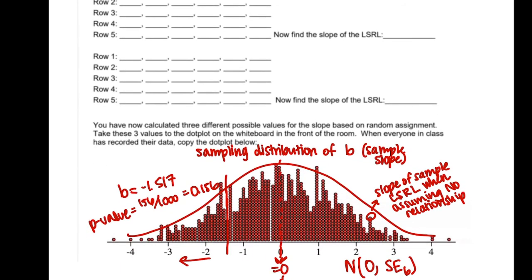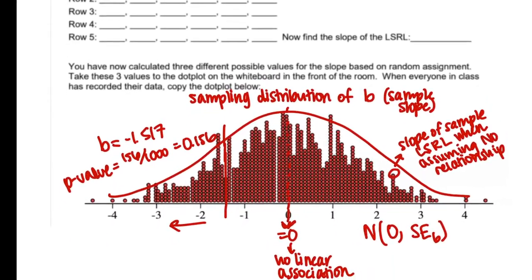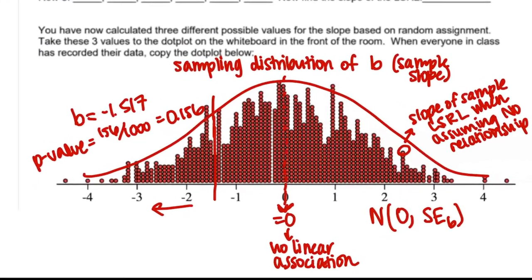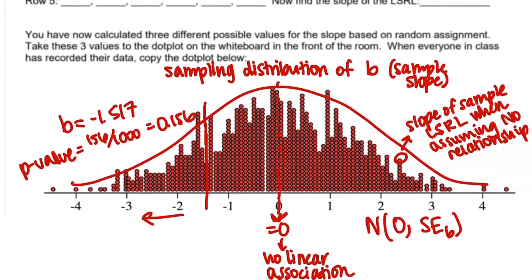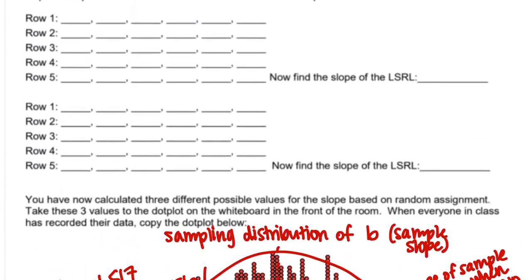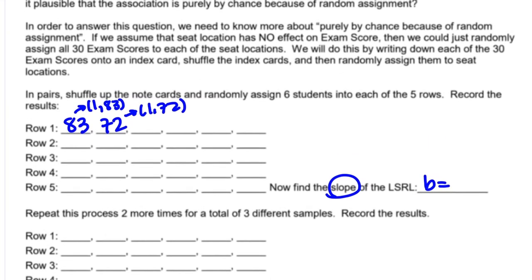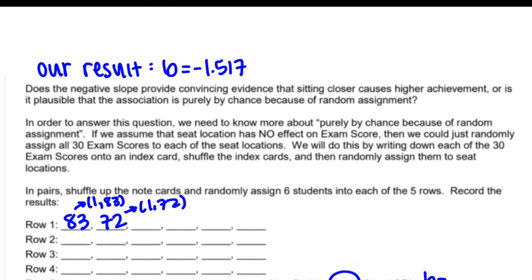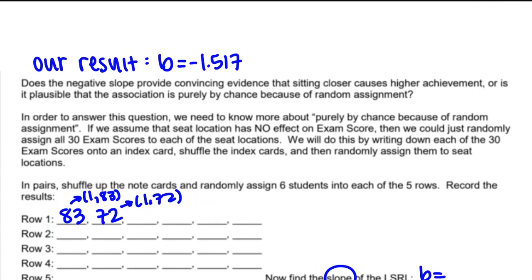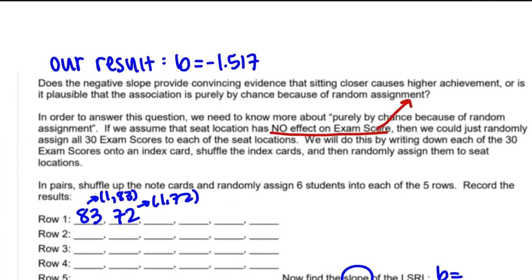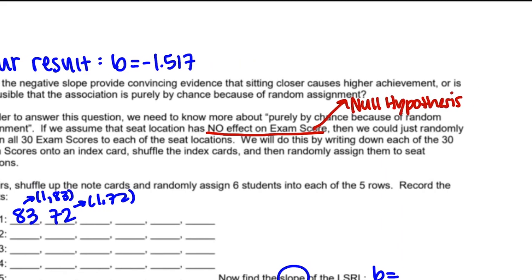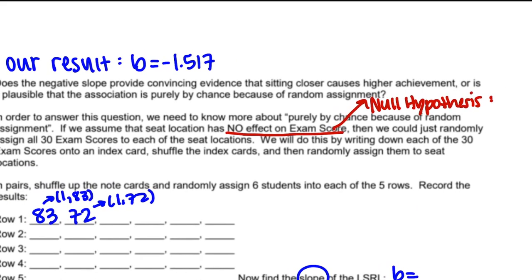And let's just write down one more thing, because we have, remember, our no effect on exam score null hypothesis. And we'll talk about this a little later, but I want to emphasize that means that our population slope equals 0, and we have a new symbol, population slope.